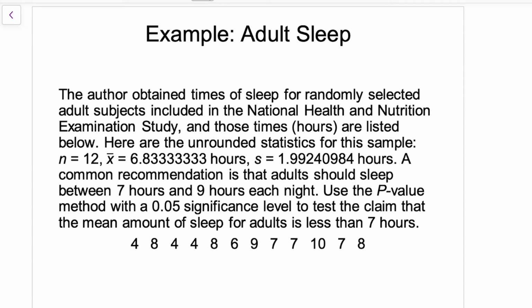For these 12 items, the sample mean x bar is 6.8333 repeating, and the standard deviation s is 1.99240984. What we will do, again, is not use the p-value method. We will use the critical value method with a significance level here of 0.05 to test the claim that the mean amount of sleep is less than 7 hours.